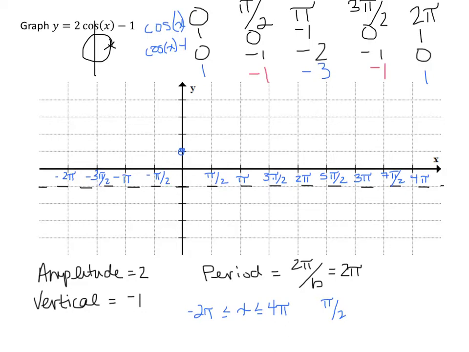Now I'll plot these points. So start at 0, at pi over 2 we're at -1, -3, back to -1, and back to 1. This will repeat itself. We've only completed one period of this graph, so we do the same thing again, and we go the same backwards.